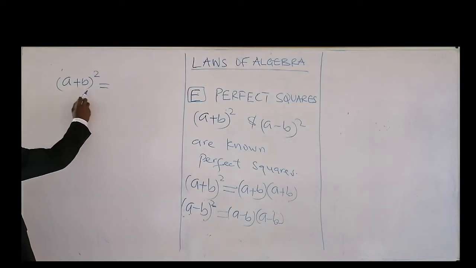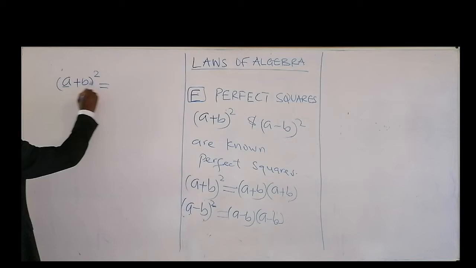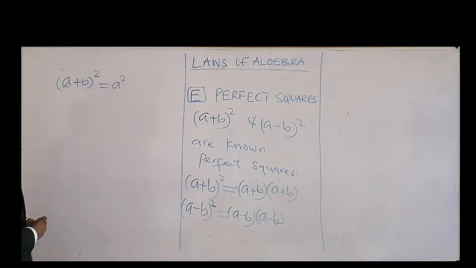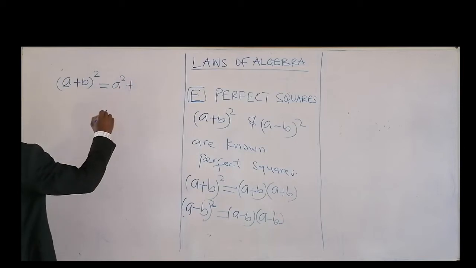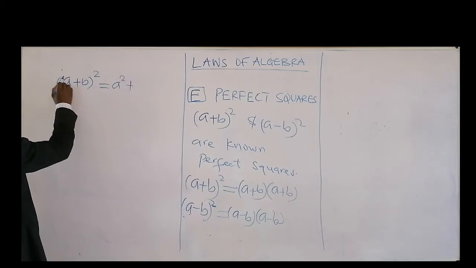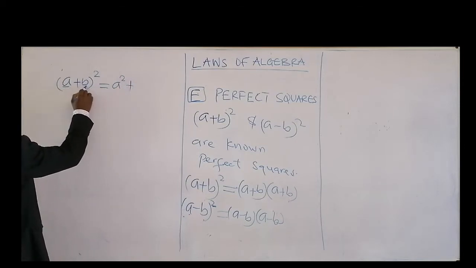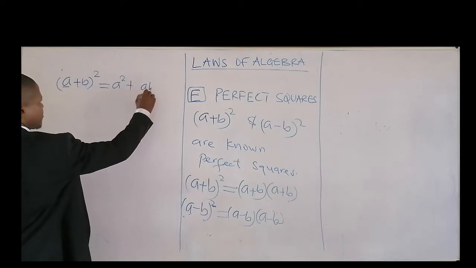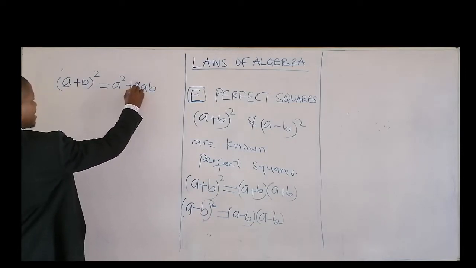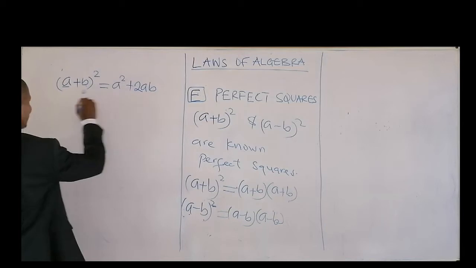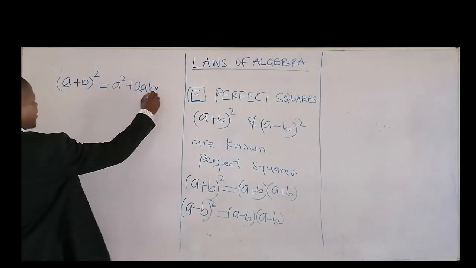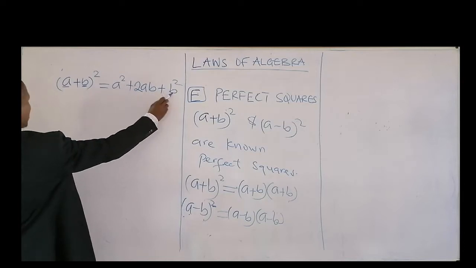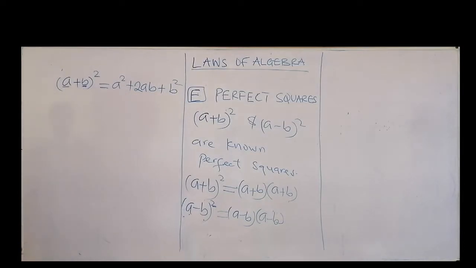The first one is squared, and again plus this one times this one, that's ab, and then you multiply it by 2, and then finally plus the square of the last one. So that's how to do the expansion of a perfect square.